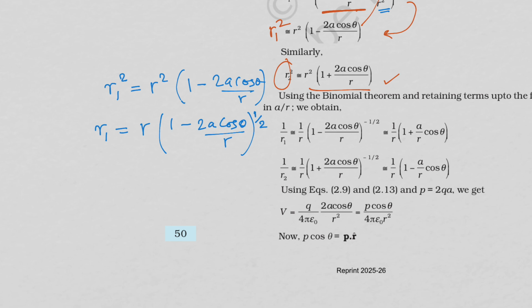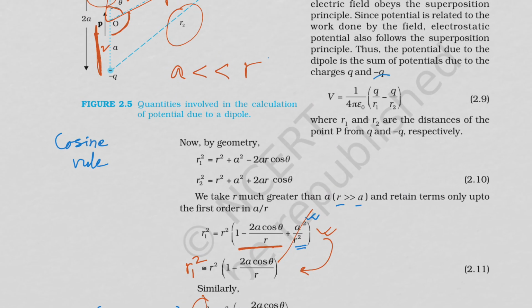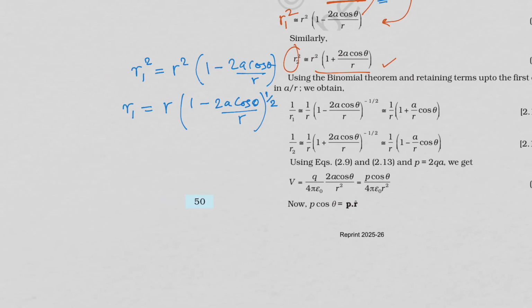Okay, but in our formula for the potential, we are dealing with 1 by r1 and 1 by r2, q by r1 and q by r2, you can see here. So we have to make sure that the expression is in that form only. If we flip r1 to make it 1 by r1, then we have to flip everything on the right side also.